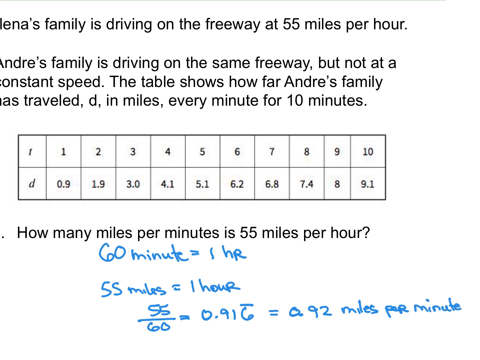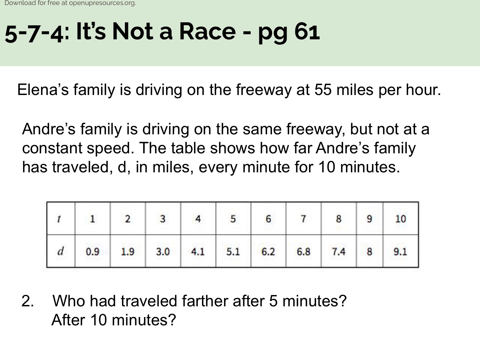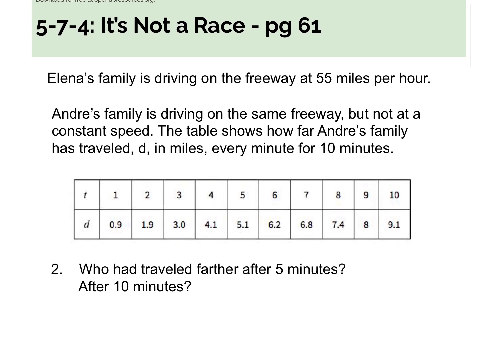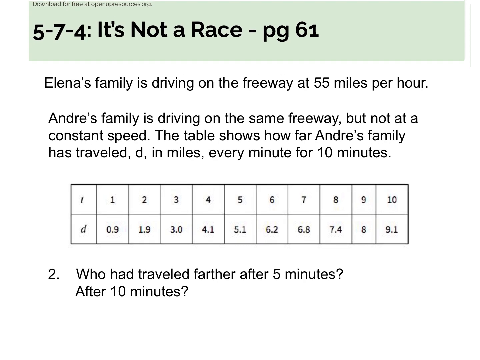Awesome. Okay. Number 2, who had traveled farthest after 5 minutes and then after 10 minutes? Go ahead and answer that question and then come back to me. So let's look at it. Elena goes 55 miles per hour.